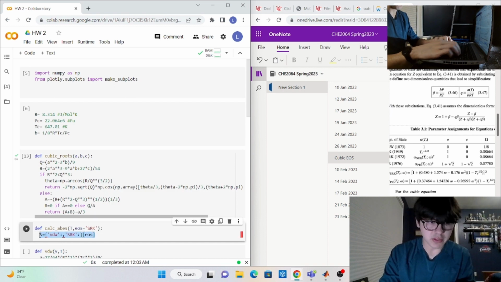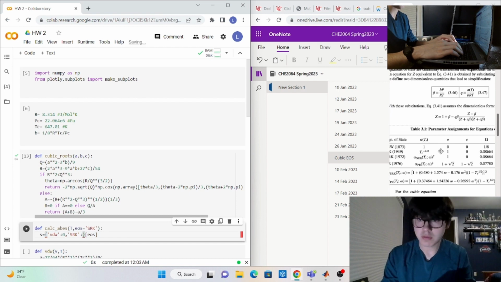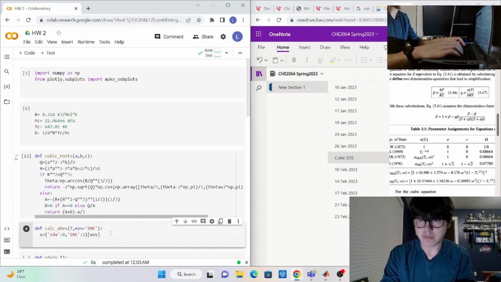We're going to be doing something a bunch of times, so I'm going to copy and paste this, and we'll keep using that. But s, in this sigma, is 0 for the van der Waals, and 1 for the SRK. And then we'll say epsilon is equal to 0 for both, since both these values are 0 in this expression.